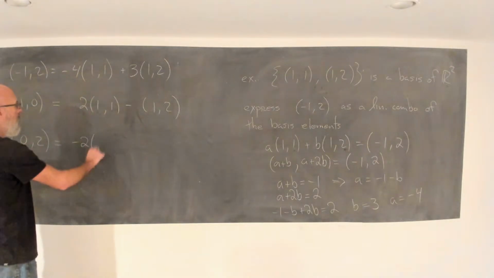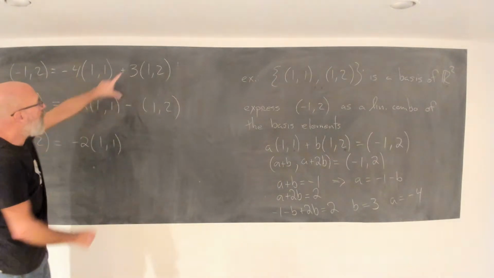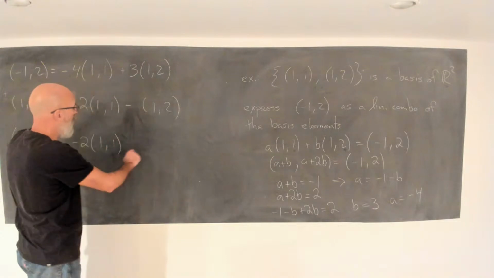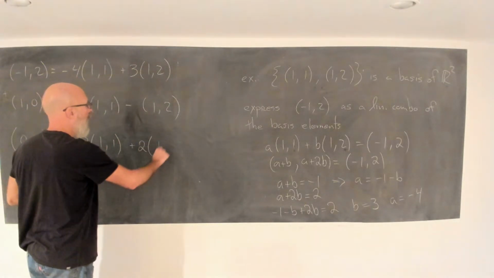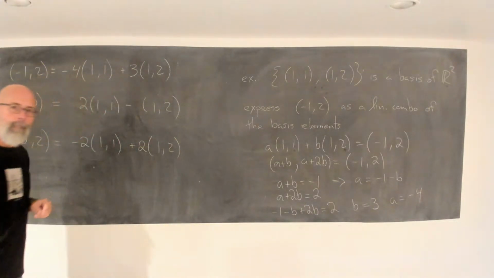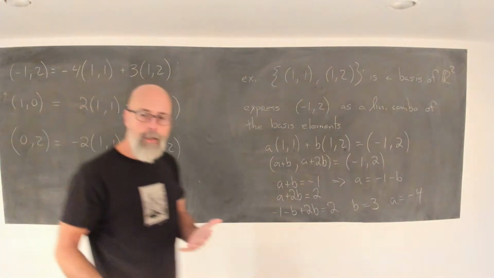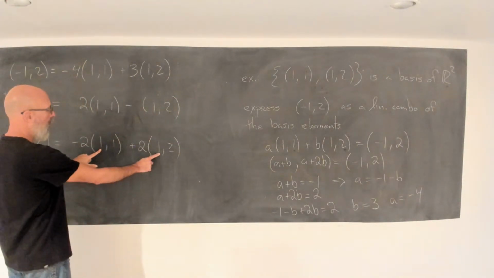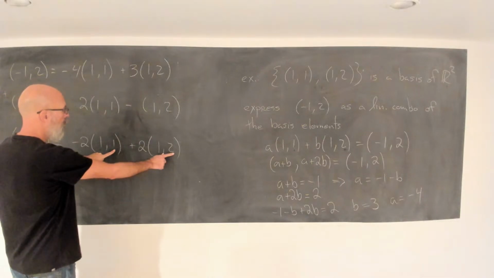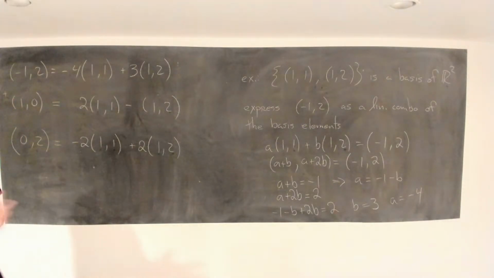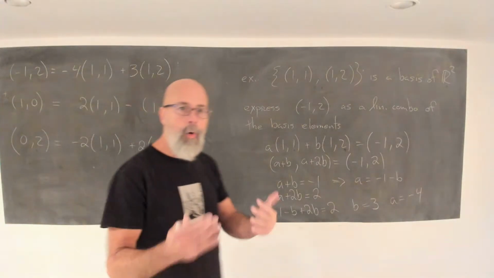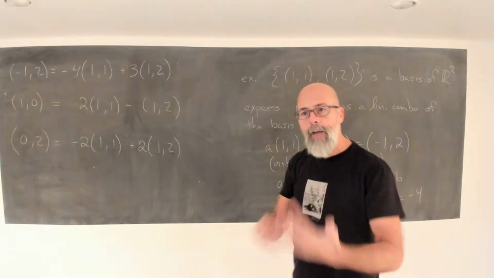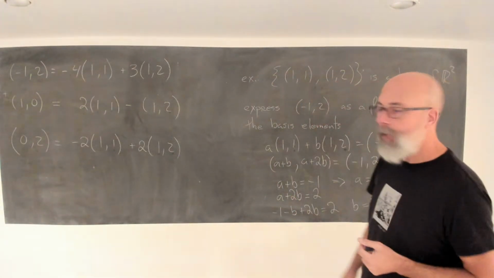So we're going to get a minus 2 times that vector. And here 3 minus 1 is 2 of those. And once again, let's verify our answer here. Minus 2 plus 2 is 0. Minus 2 plus 4 is 2. So it works. And that was the only way to write it, again, by this unique representation property.